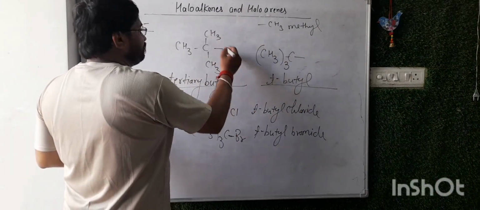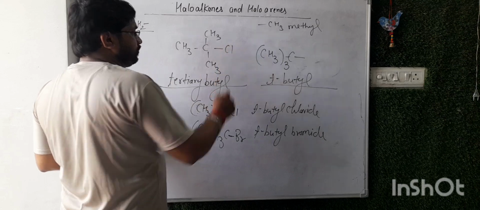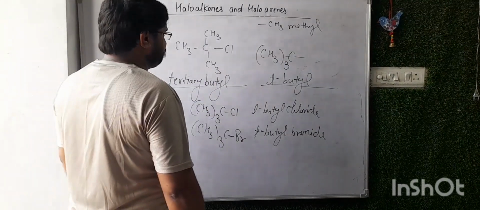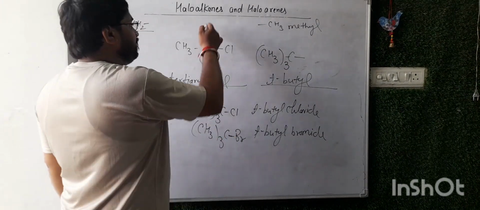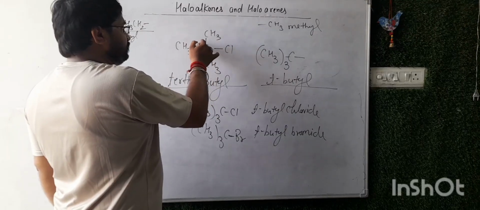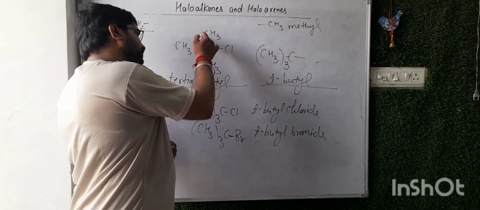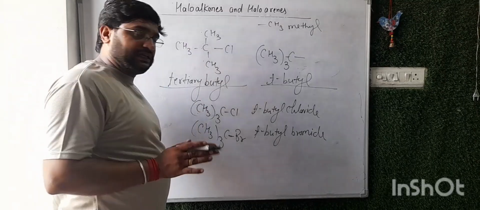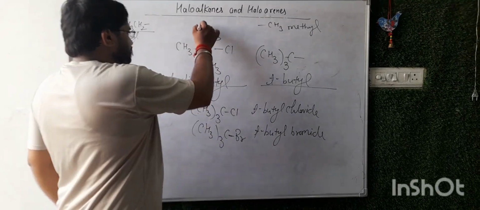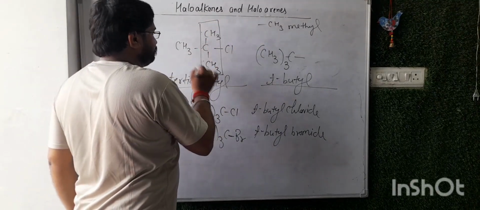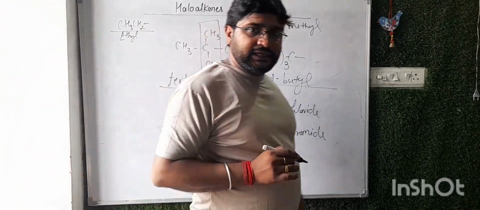Clear? Here we have placed chlorine. Okay? We know that if we select the longest carbon chain, either you select from this side 1 2 3 carbon, or on the other side, this is also 3 carbon. Clear? So here we have taken it.